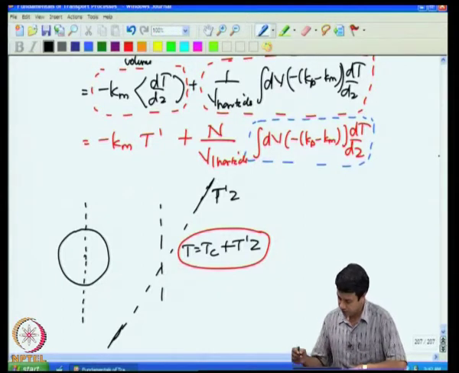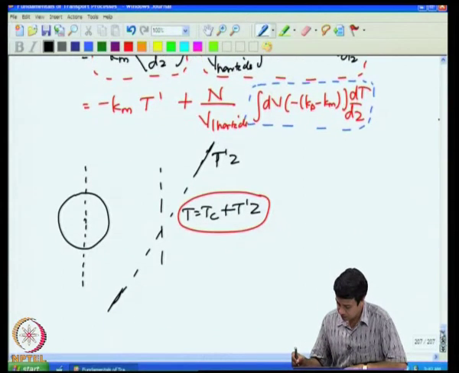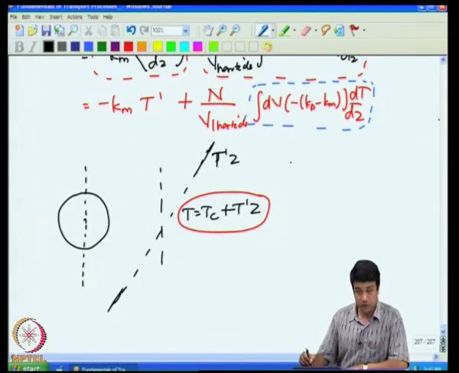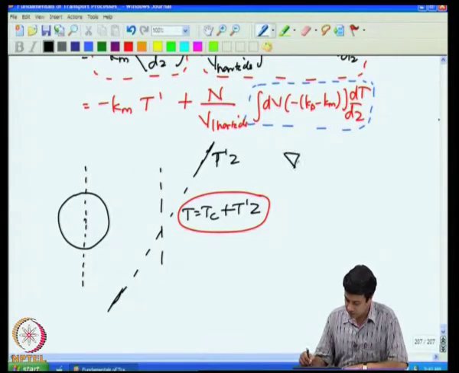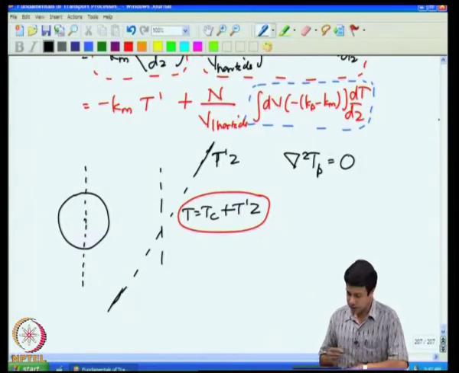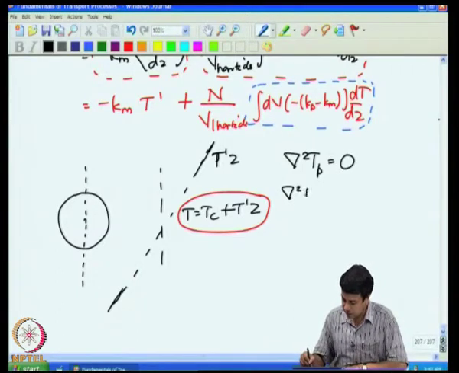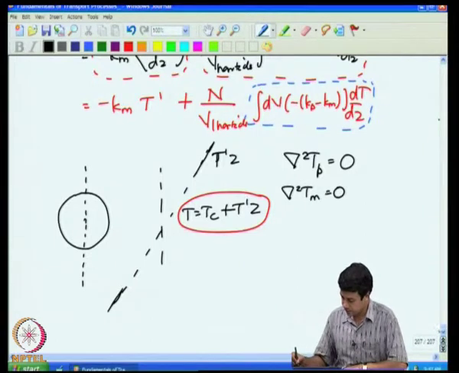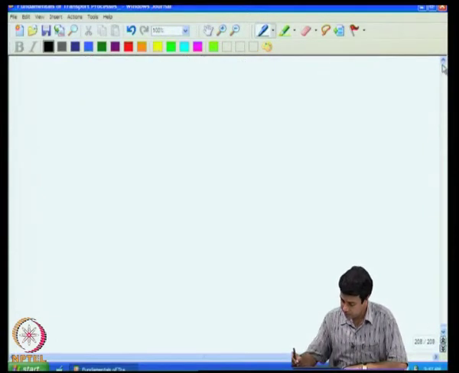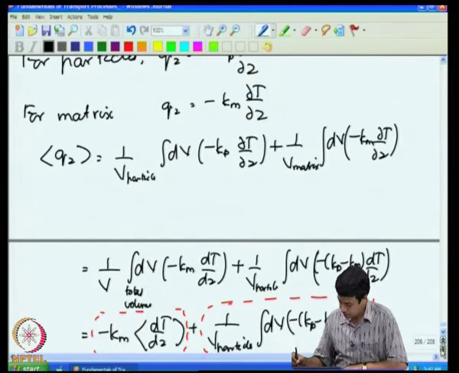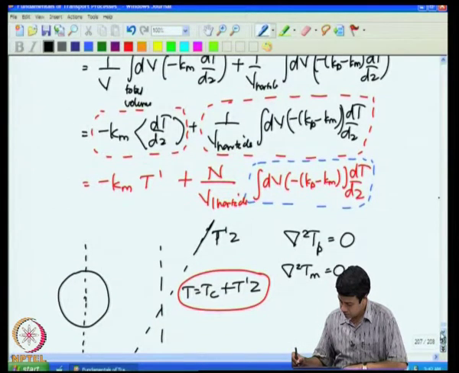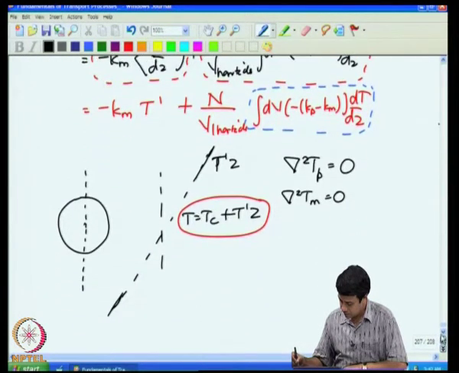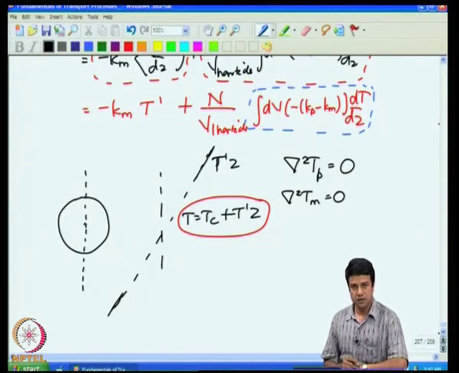So, we have to solve the equations. For the particle phase, I have to solve del square T particle is equal to 0. For the matrix, I need to solve del square T matrix is equal to 0. And I have conditions at the surface.